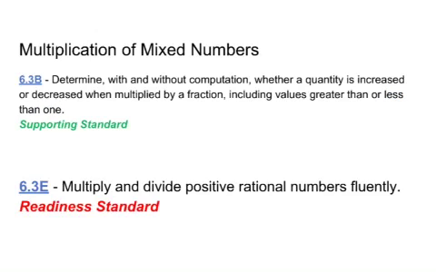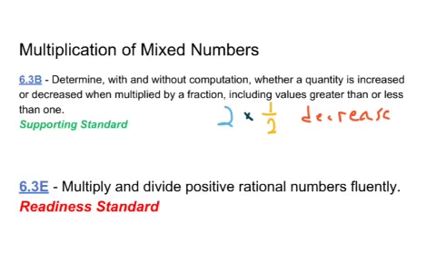Let's say we start with a number such as 2. Well, if we multiply that times, say, a value less than 1, such as a fraction of 1/2, our original value of 2 is going to decrease because we're multiplying by a value less than 1.